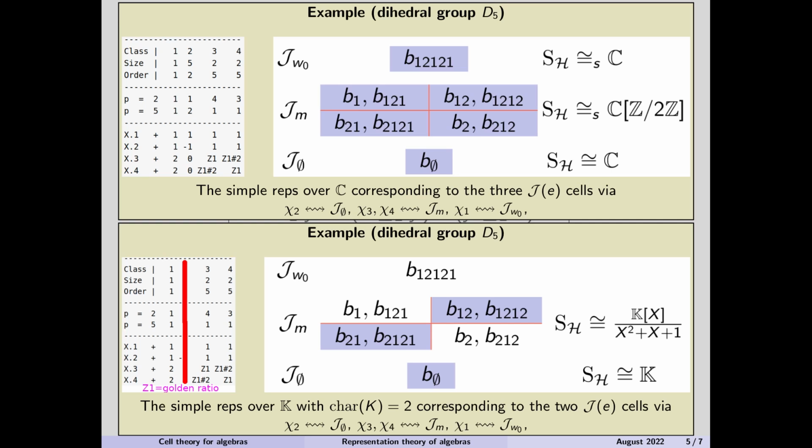And in characteristic 2, you get 3 representations because 2 of them will collide. Again, sign and trivial will collide. And that's exactly what you get. Here is still Z mod 2. Characteristic 3 works. It just gets a bit different in different characteristics.